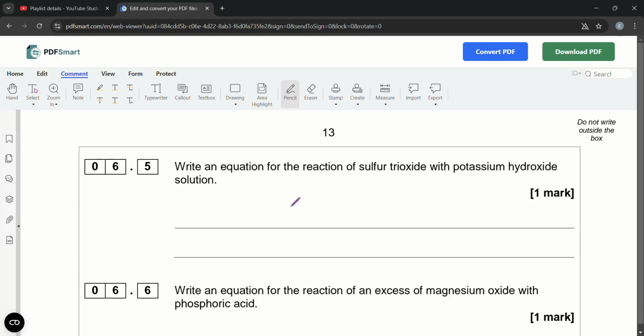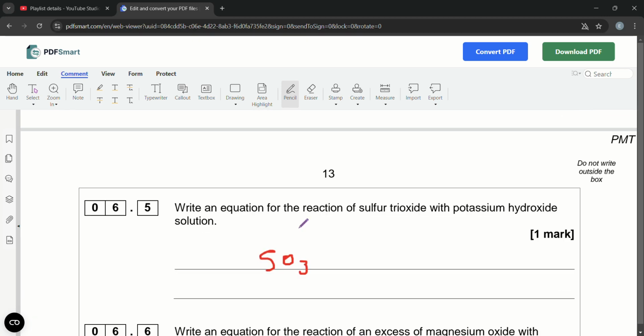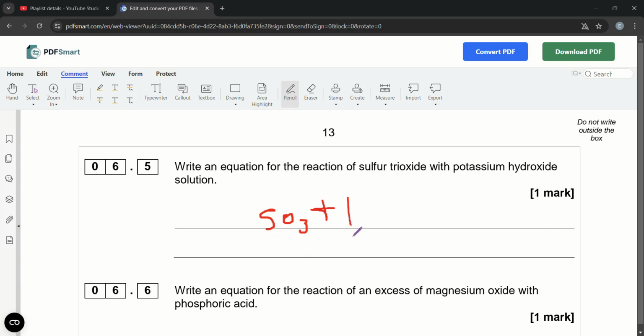Write an equation for the reaction of sulfur trioxide with potassium hydroxide solution. So sulfur trioxide, SO3, plus potassium hydroxide, KOH, to form KHSO4.